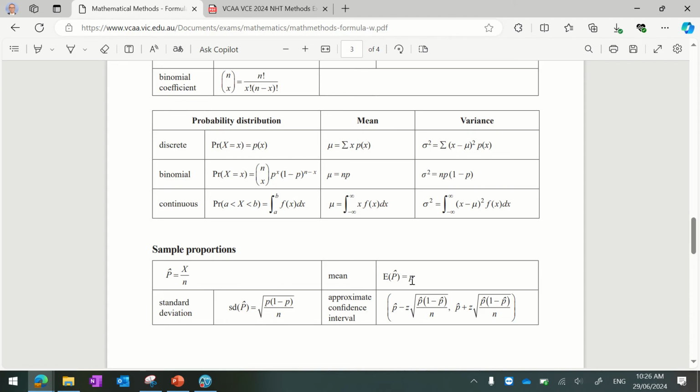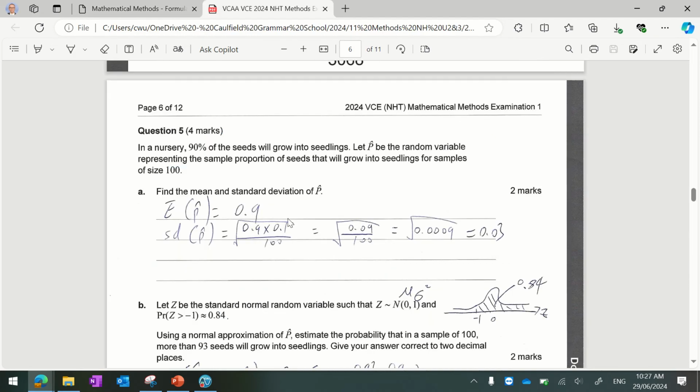So the population proportion is P, which is just the mean of the sample proportion. So you're just going to write down 0.9 because it's 90%. 90% is basically the population proportion, and it is the expected value of the sample proportion.